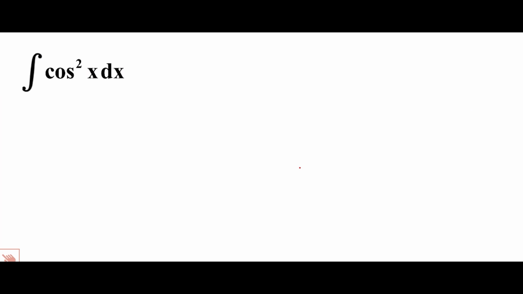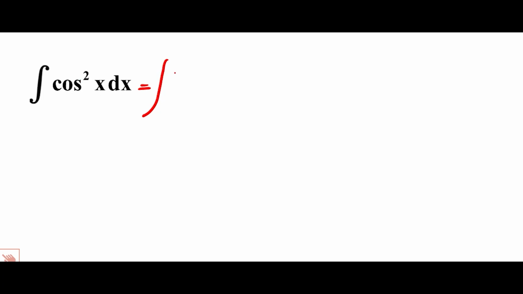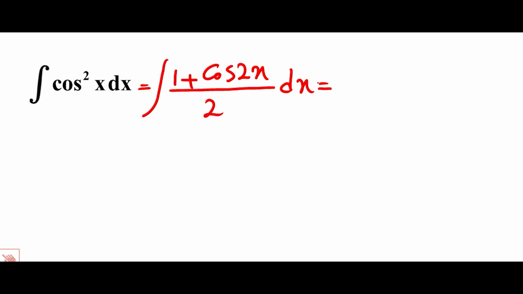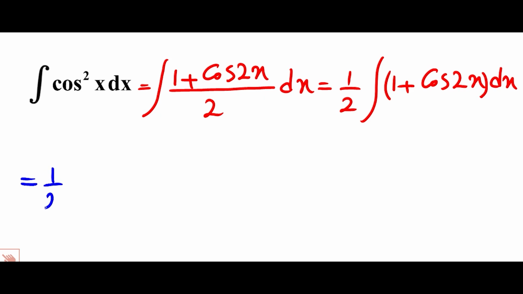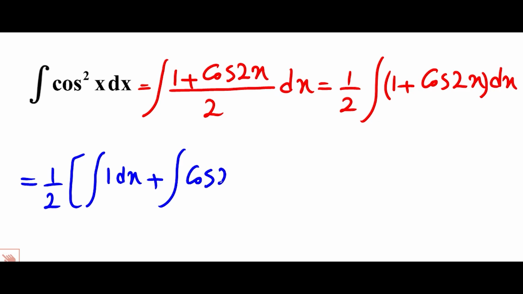Now the integral of cosine squared x. As you know, cosine squared x equals (1 plus cosine 2x) over 2, and again I'll take the constant factor 1/2 outside the integral. Means 1/2 times the integral of (1 plus cosine 2x) dx. So we have 1/2 times the integral of 1 dx plus the integral of cosine 2x dx.